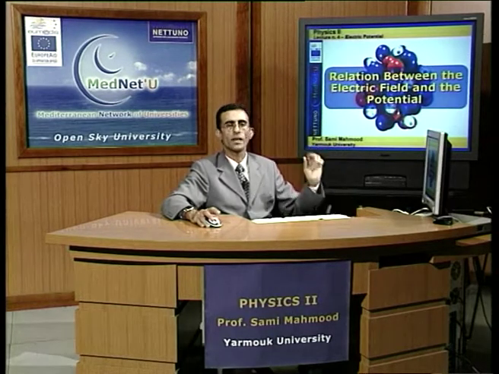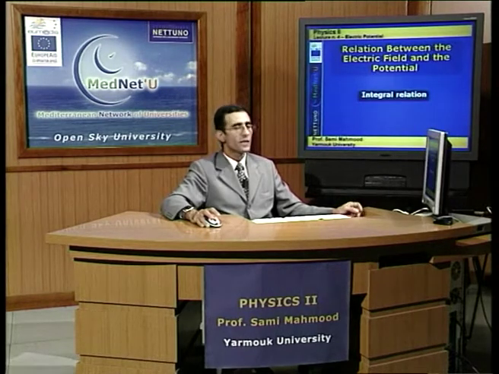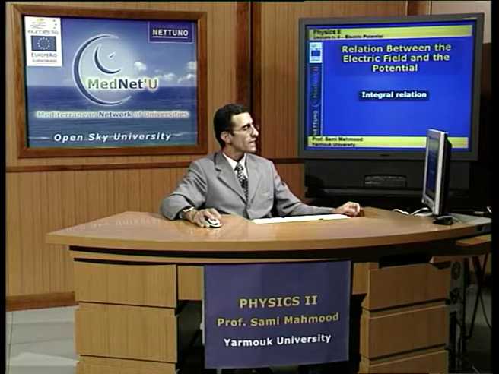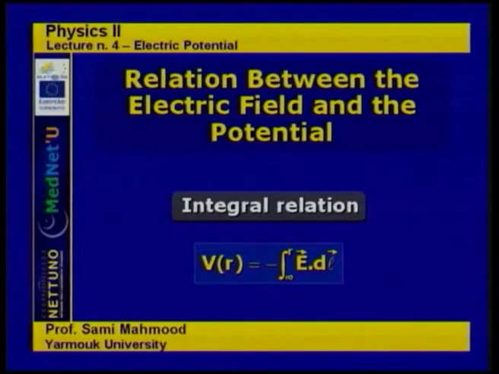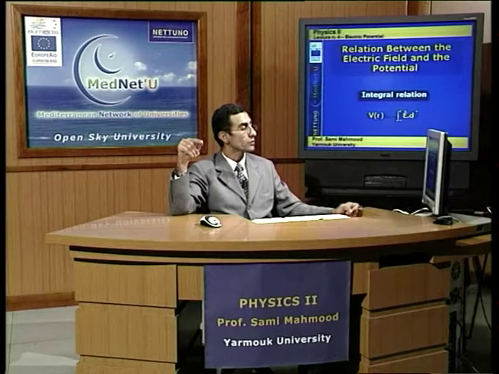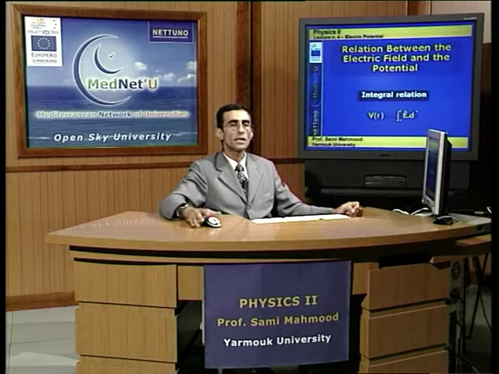In the integral form, we have the previously defined relation: V at point R is equal to the negative of the integral from the reference point at infinity, which was A previously, to the point R, the final point where we are evaluating the potential, of E dot dl.